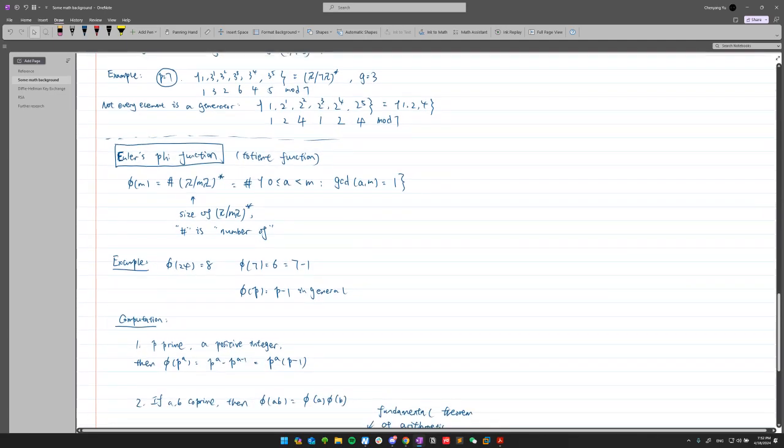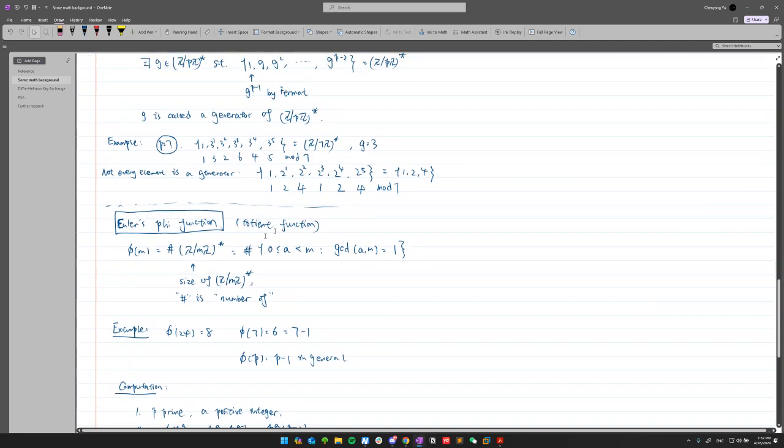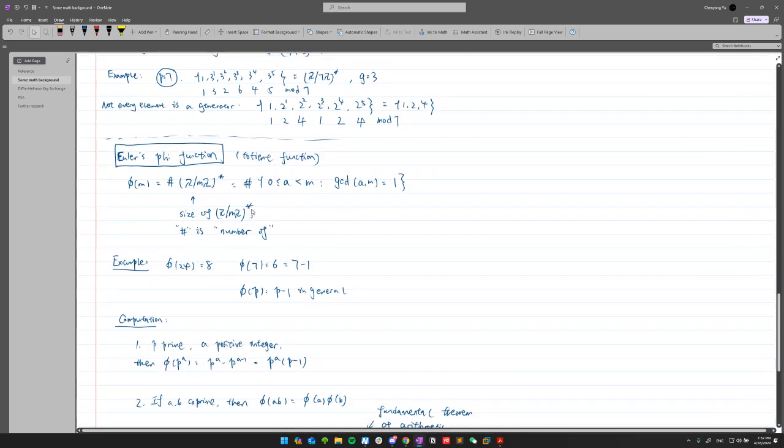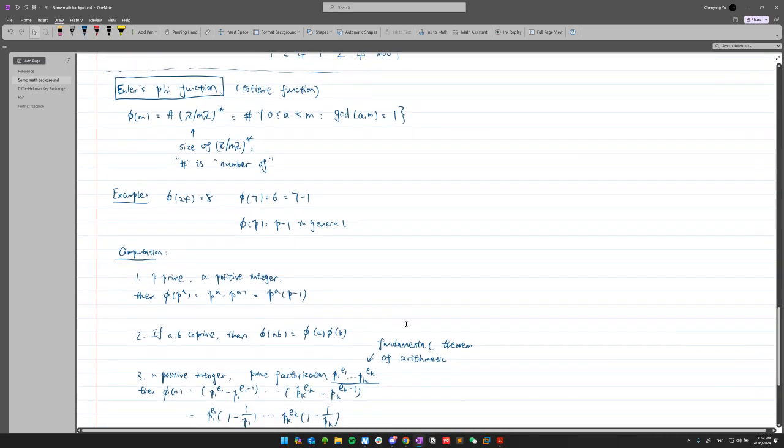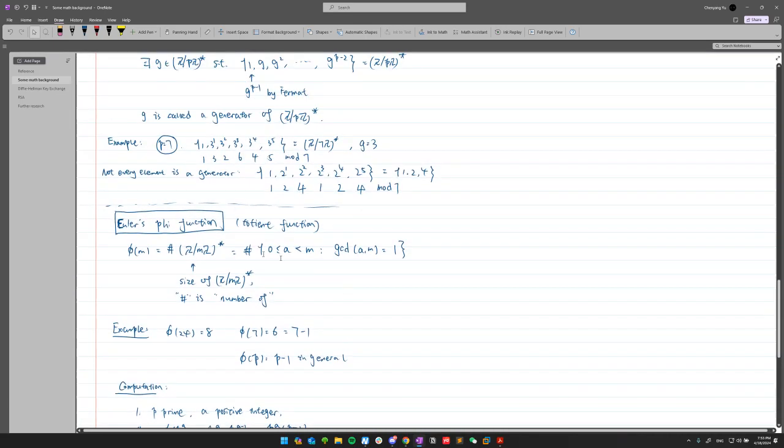And moving on, a very important application of the elementary number theory we learn is the Euler phi function. This is used in RSA heavily, right? So I'm going to introduce it here. What is the phi function? The phi function is the number of elements in the Z mod nZ unit group.